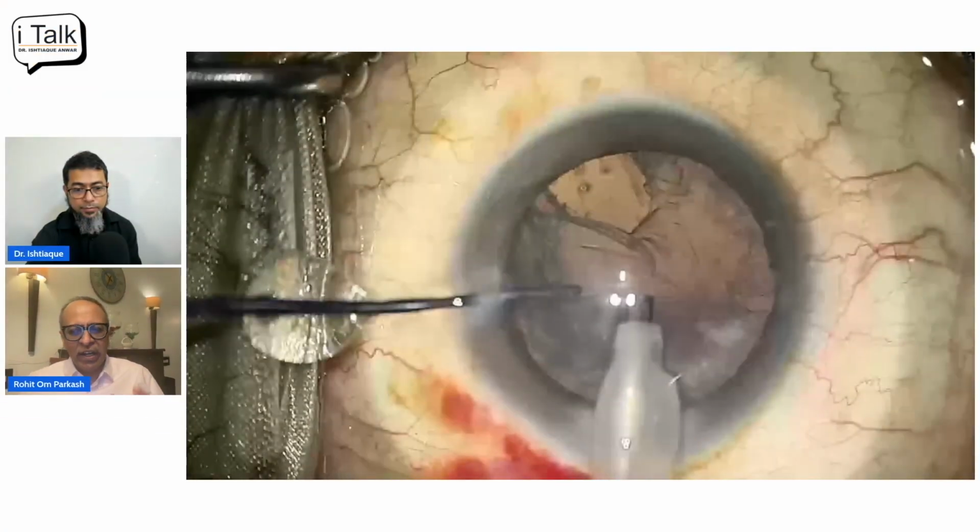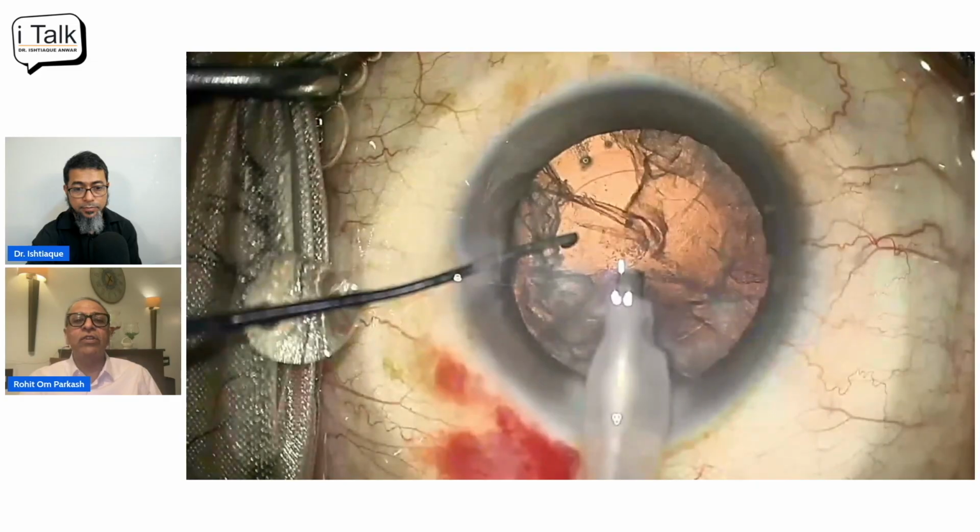So if you are meticulous, you can continue, but mark my words, you should definitely not push yourself, because at the end of the day, you want to give a surgical outcome which has to be up to the visual requirements of the patient. If you are not sure, it's always better to convert than to create a situation where you are not comfortable.